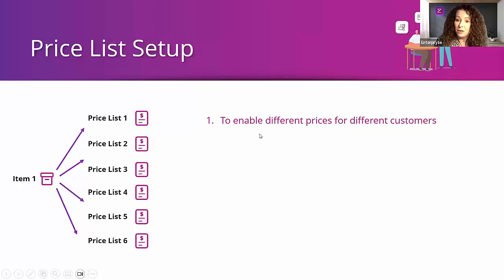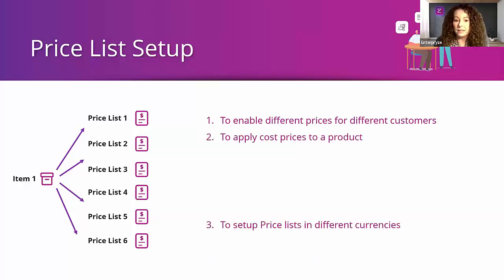And of course, as you know, and this goes back to when we looked at the very first lesson on Enterprise, you can assign a price list to a customer and a supplier, so they can have a default price list. So when that item is called up on a sales order, for example, and this particular customer is linked to price list 2, it'll be the price associated with that item on price list 2. So it makes it really simple to set up and administer through the system.